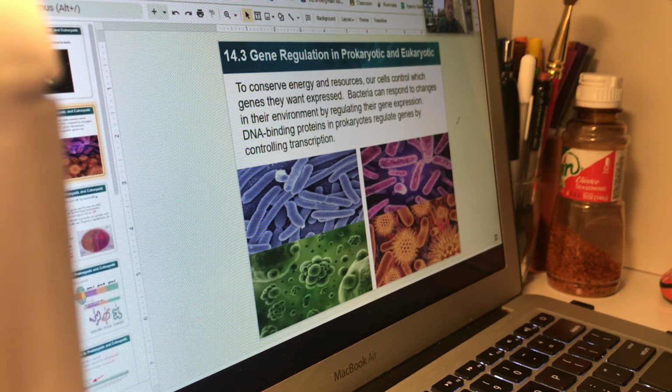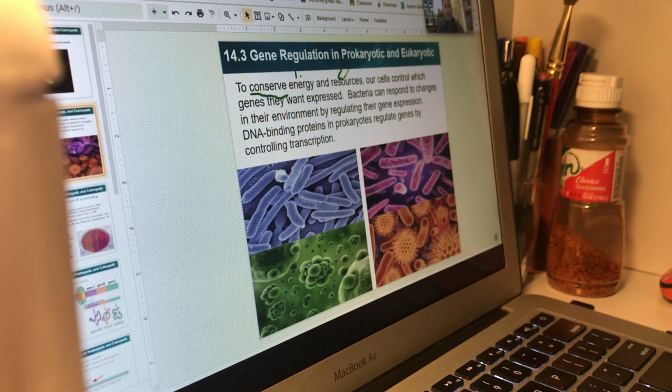And so cells, bacteria cells, or just cells in general, they want to conserve, okay? The key word is right here, conserve. Conserve means you don't want to waste. You don't want to waste what? Energy, number one, and you don't want to waste resources. You don't want to waste food.